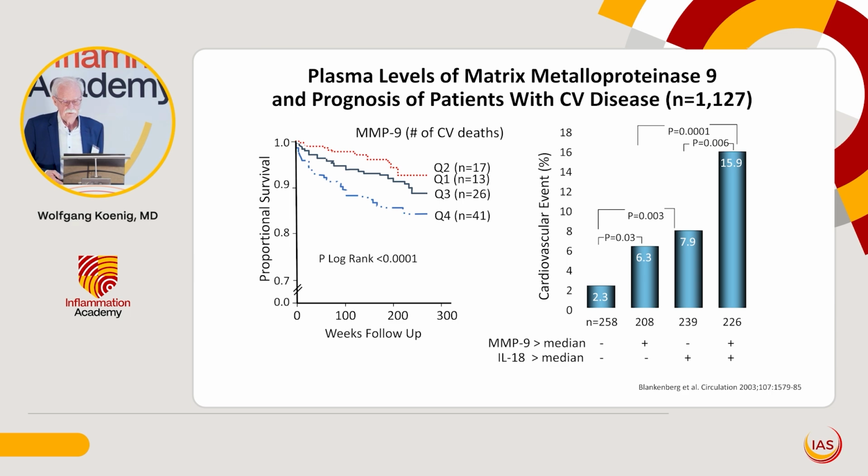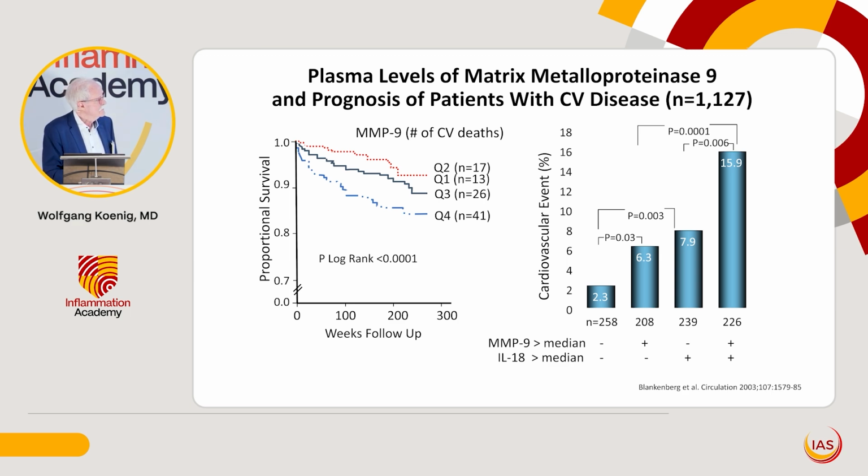This is one study from Stefan Blankenberg, who at least could show that across quartiles there is an association between matrix metalloproteinase and prognosis in patients. Those with Q4 did worse than those with Q1 to Q3. And on the right side, it's quite interesting. You see an association with MMP. If you take matrix metalloproteinase 9 above the median, it is associated with risk.